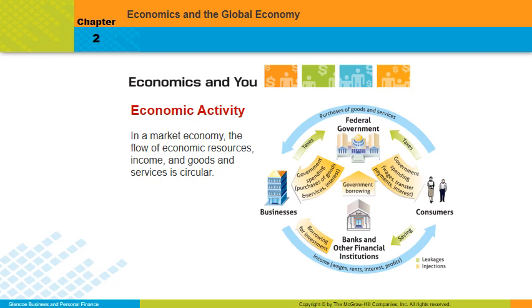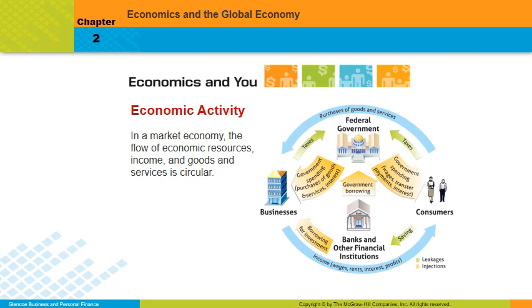In a market economy, the economic flow of resources and goods is circular. All right, savings, taxes, the federal government: the government borrows from banks and institutions, the government spends on businesses, the government spends to individuals, they employ individuals. We put our savings into banks, businesses borrow from the banks, and so do individuals.